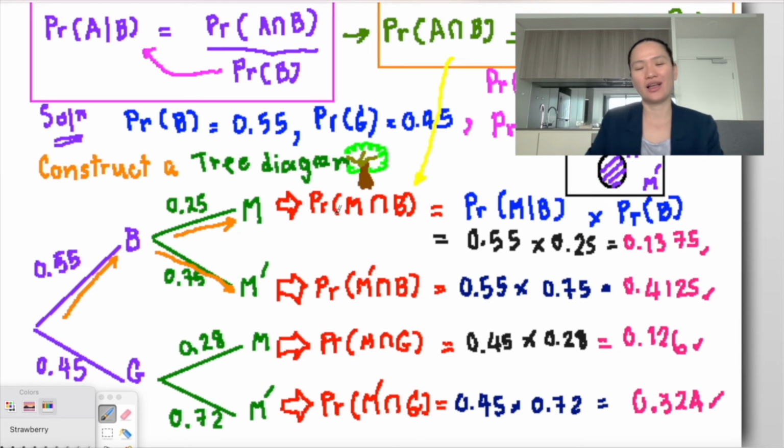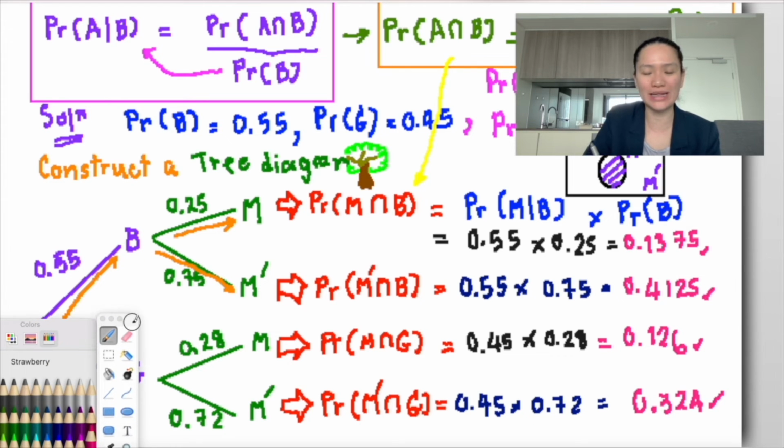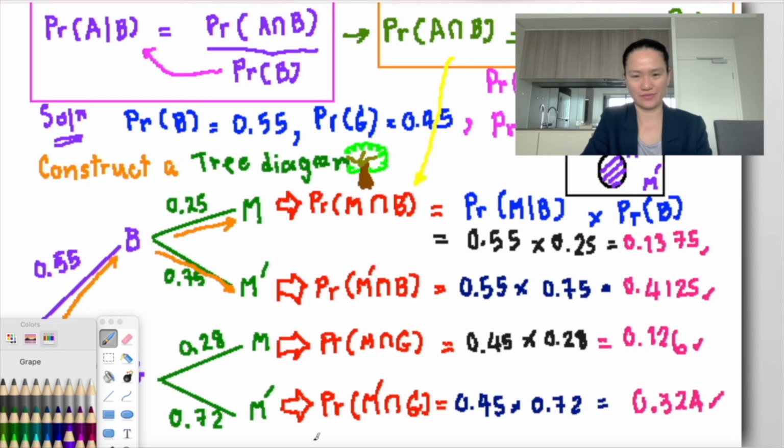Yeah. Okay, I have something a little bit tricky. If they just ask you to find the probability of students who prefer mathematics, what you're going to do is find out the probability of students who prefer mathematics.